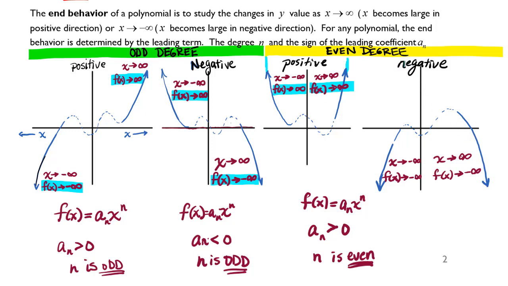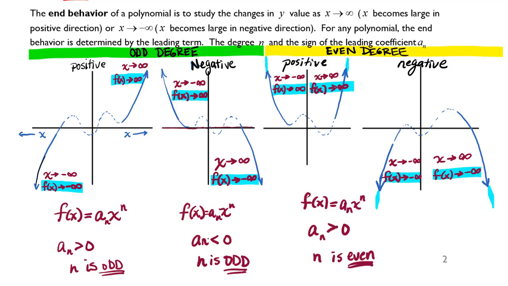And if your polynomial is even and negative, your f of x, your blue curve, the curve that I just sketched, is moving downward as x approaches both positive and negative infinity. We're looking at the far ends, the extremes, not the interesting dotted line in the middle.